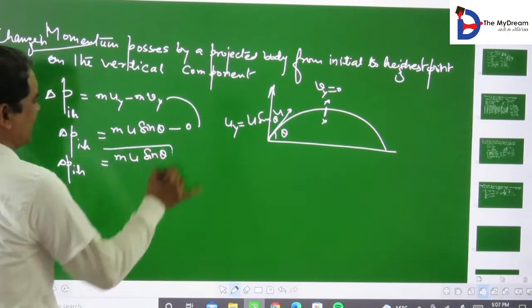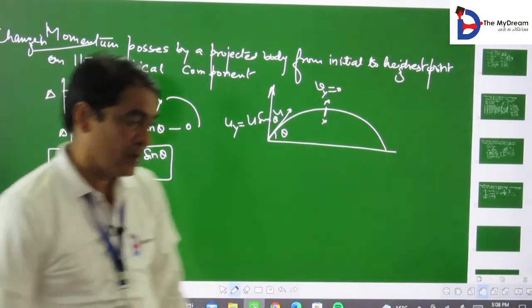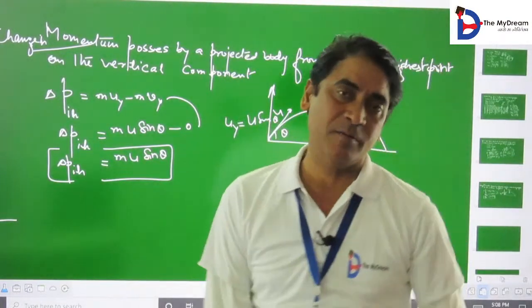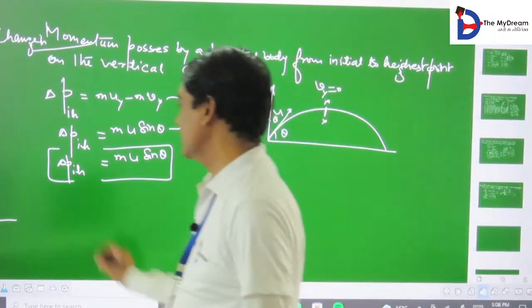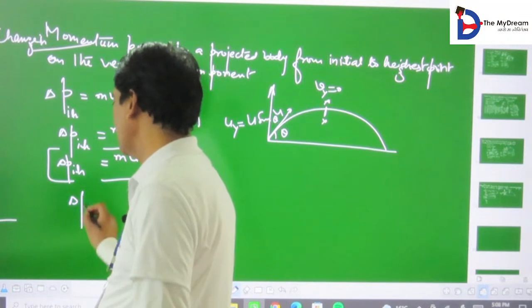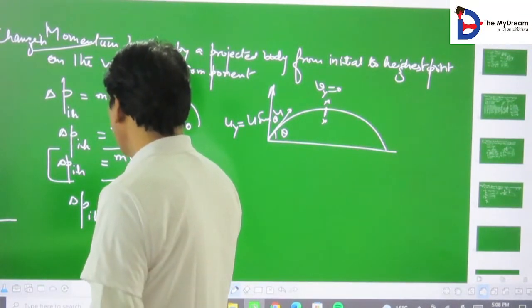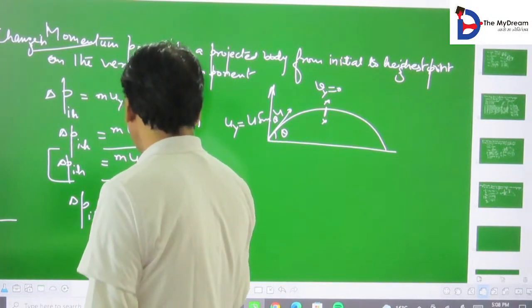बट आपसे कोई नहीं पूछेगा इस टाइप का, कुछ और ही कहेगा. You want to discuss the change in momentum from initial to the highest point. इतना इजी तो कोई पूछेगा नहीं यार. तो क्या करेगा वो? G से मल्टीप्लाई करेगा, G से.